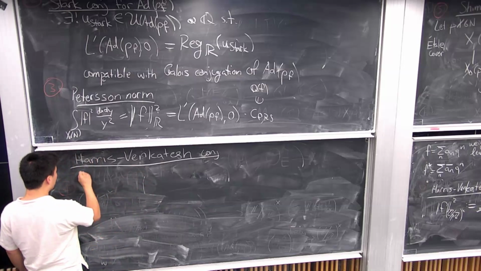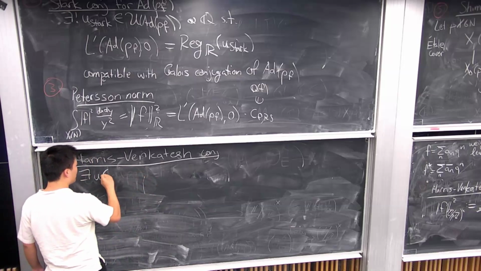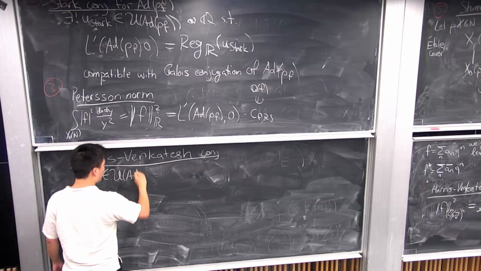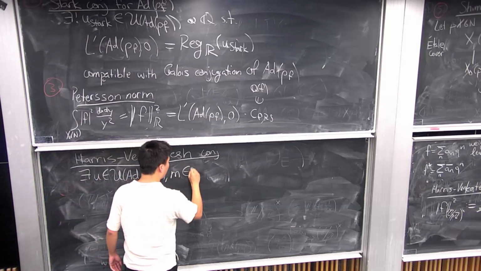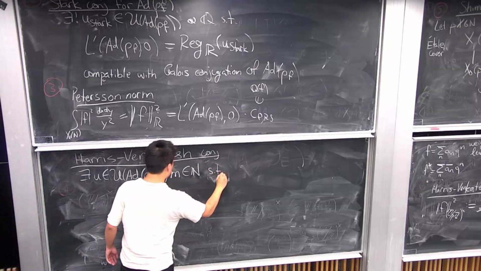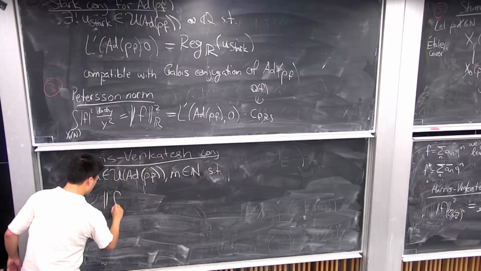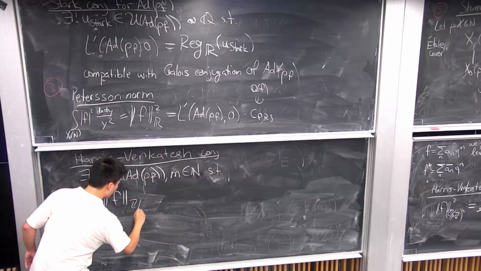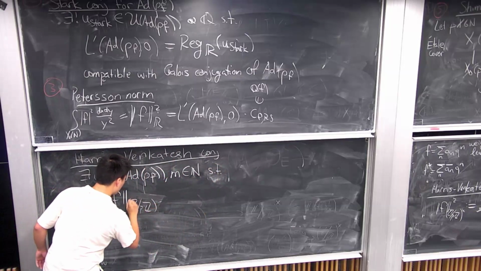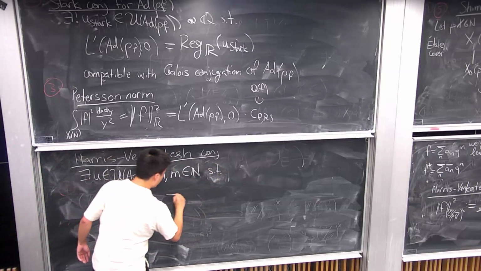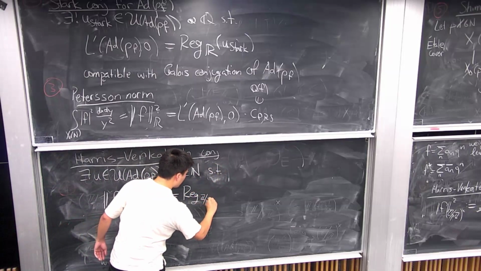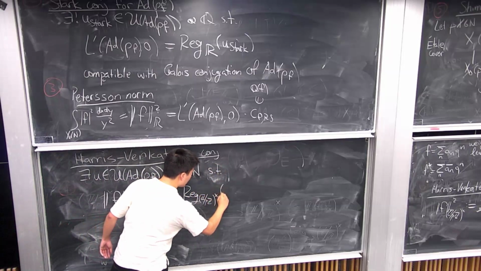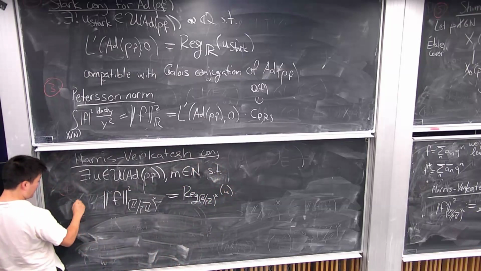So there exists some u in this dual unit space, and some positive integer m, such that this Harris-Venkatesh norm is equal to this mod p regulator of that unit, and maybe up to some m, right?